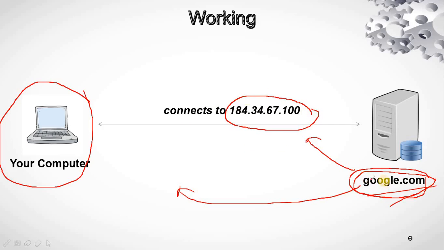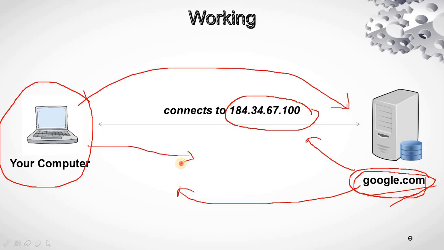So let's say, hypothetically speaking, google.com has this IP address. I'm not sure whether this is correct, I've just assumed it. When your computer is connecting to this server, your connection is first forwarded to the DNS server.